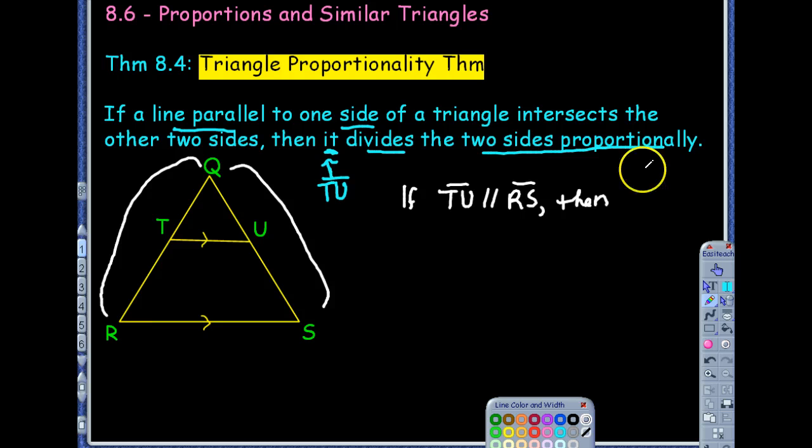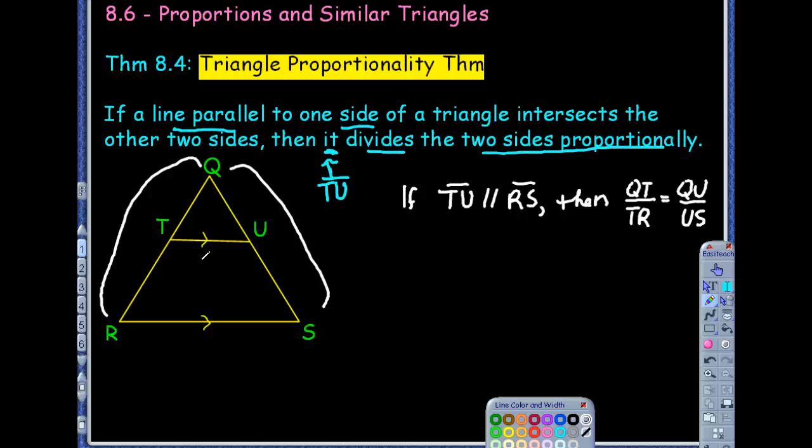So what kind of proportion can I write? I could say that QT is being divided proportionally with TR, and QU is what's being divided with US. I'm looking at those pieces that are being divided. And those two segments, not sides, make up the whole sides of that larger triangle.